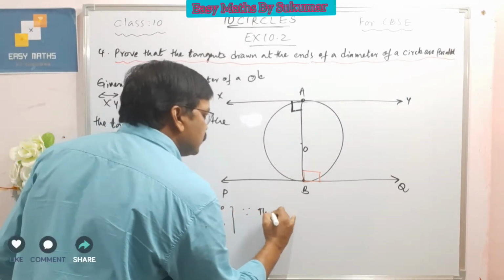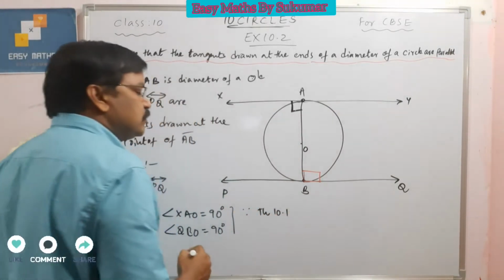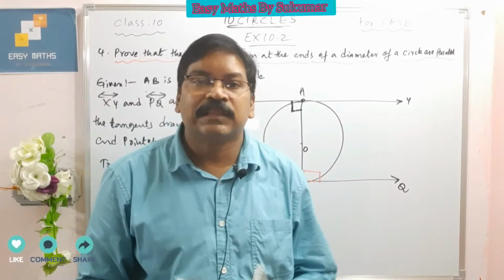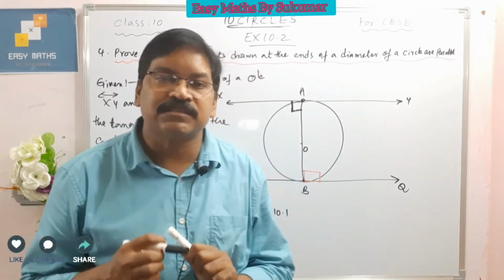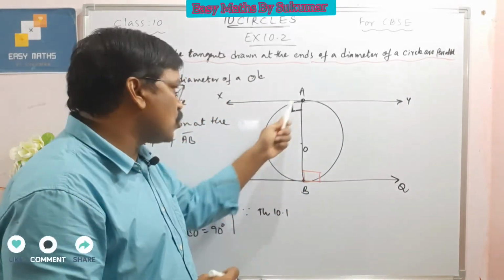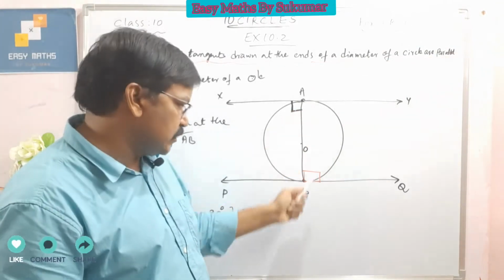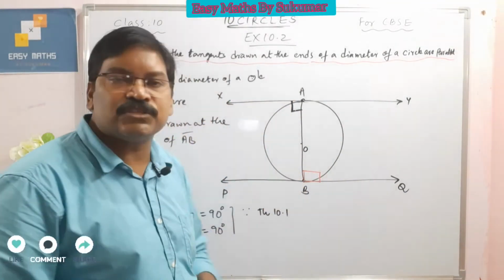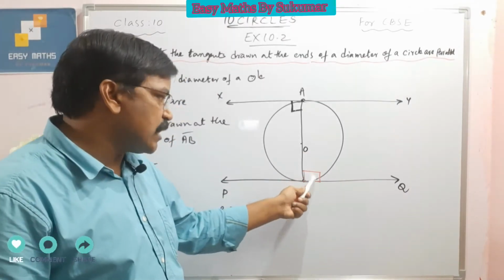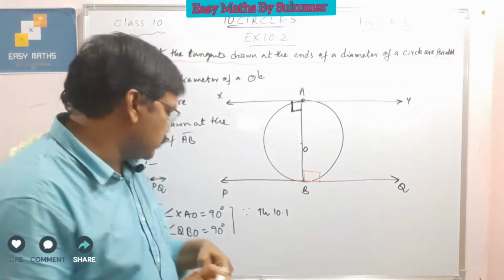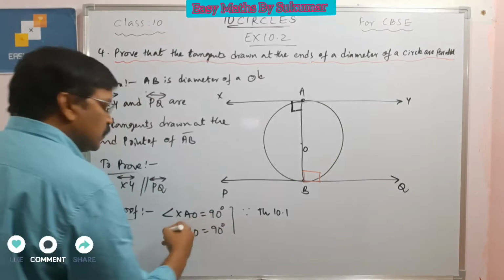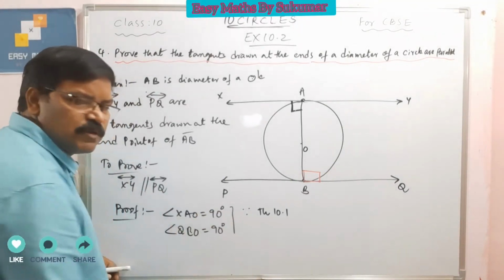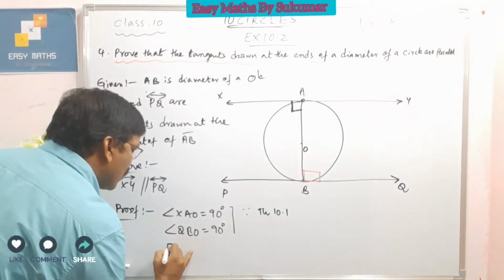According to theorem 10.1, the angle between radius and the tangent at the point of contact is 90 degrees. This is the point of contact, this is the tangent and this OB is the radius of the circle. Therefore, this angle is 90, this angle is also 90.